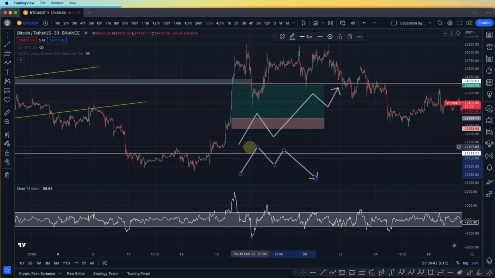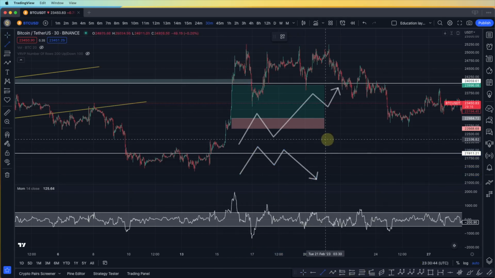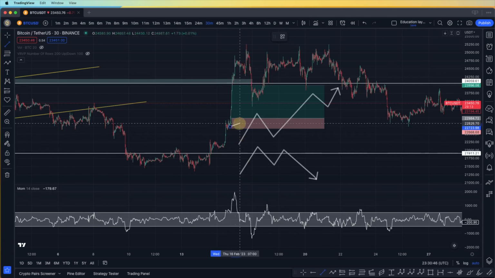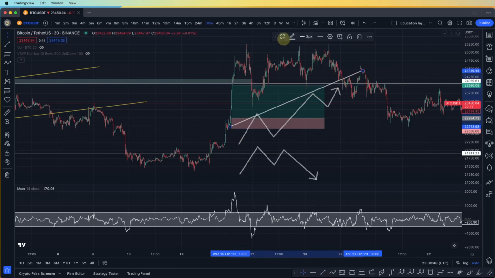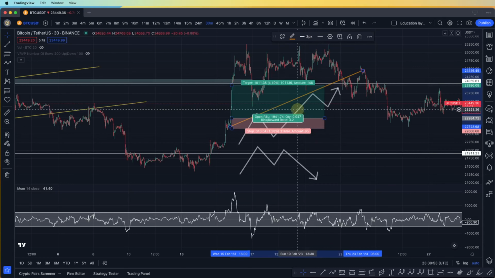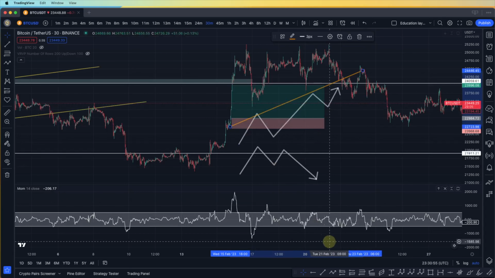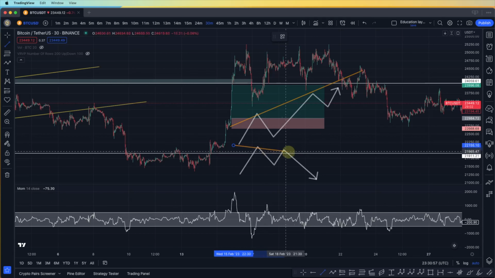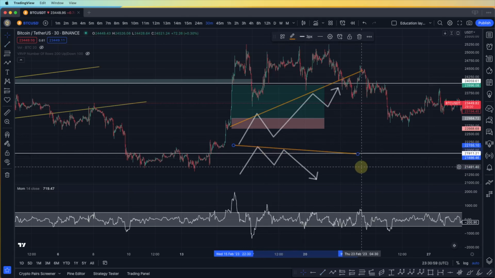That is when the price makes a higher high in this area. Just quickly changing the color. When the price makes a higher high but the oscillator makes a lower low, potentially a reversal is going to happen for the market.